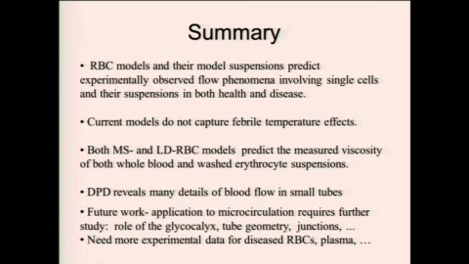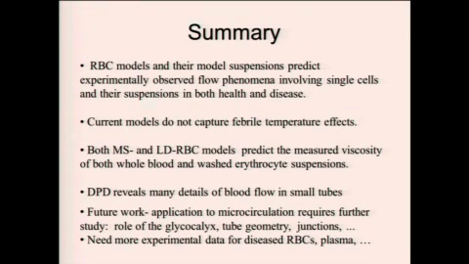But the people at MIT have looked at how the properties of red cells change as the temperature increases, and we can't capture that. Presumably there are chemical changes going on which are not in the model. So we do a pretty good job on viscosity, and we find out some of the things that are going on in tube flow.